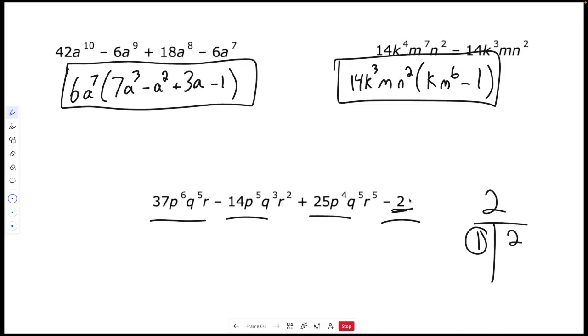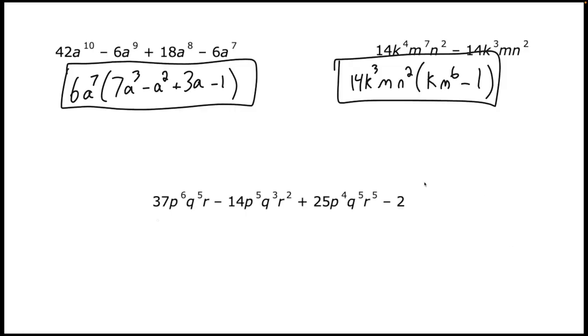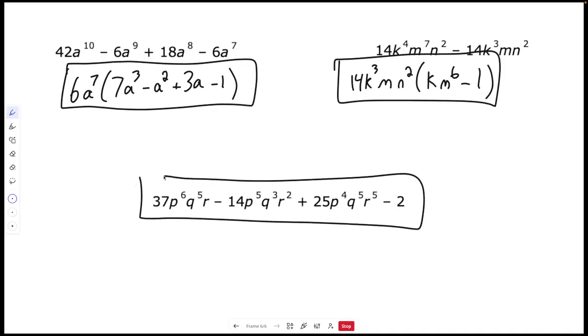Well, there are no p's in this end part, so we can't take any p's, and it's the same for the q's and the same for the r's. So really the only factor is a 1, and so when the greatest common factor is 1, how the problem starts is actually your answer, that you can't factor this. All right, we're just going to sort of leave it as it is.